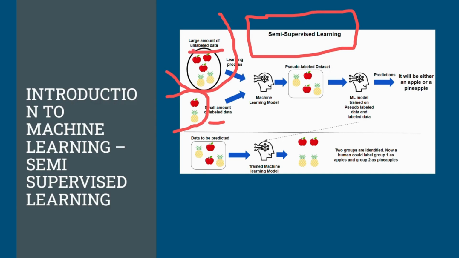With a combination of both the unlabeled and labeled data, we train a model, and that model makes predictions, which are known as pseudo labels. These are the predictions for the unlabeled data. Then this trained model is further applied on new data and gives predictions.